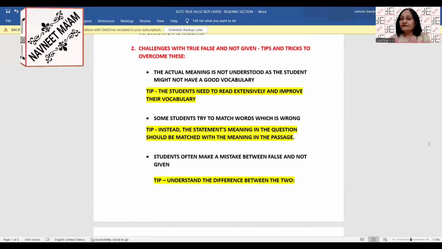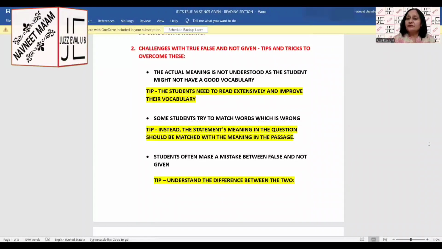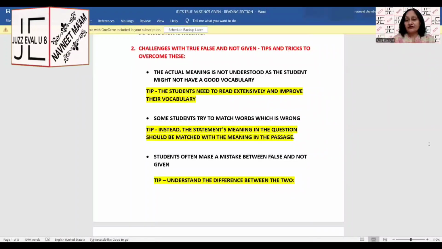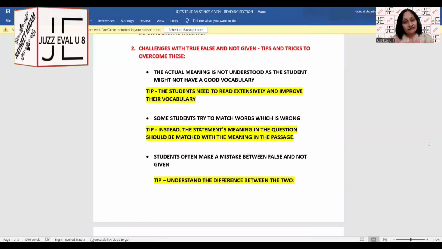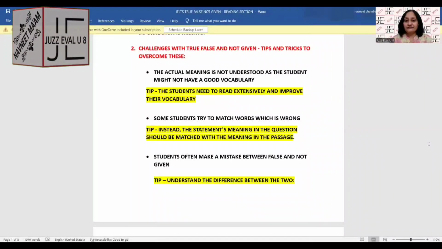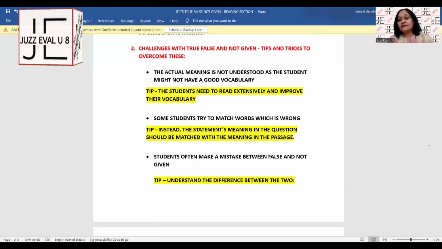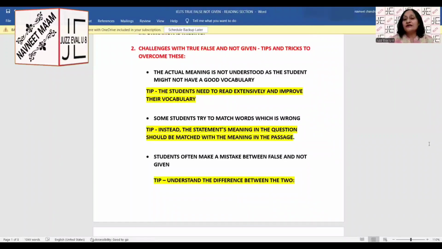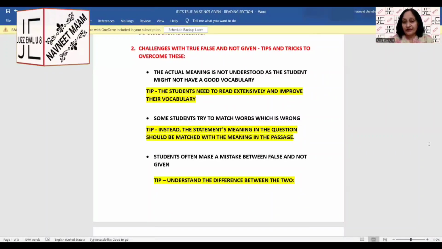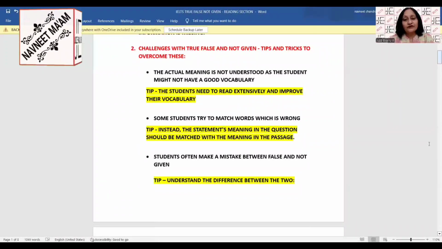If you know the meaning of the statement in the question, then look at the meaning in the passage. If it's the same, then it's true. Not, then it can be false or not given. Then students often make a mistake between false and not given. So better to understand the difference, otherwise you'll always go wrong.